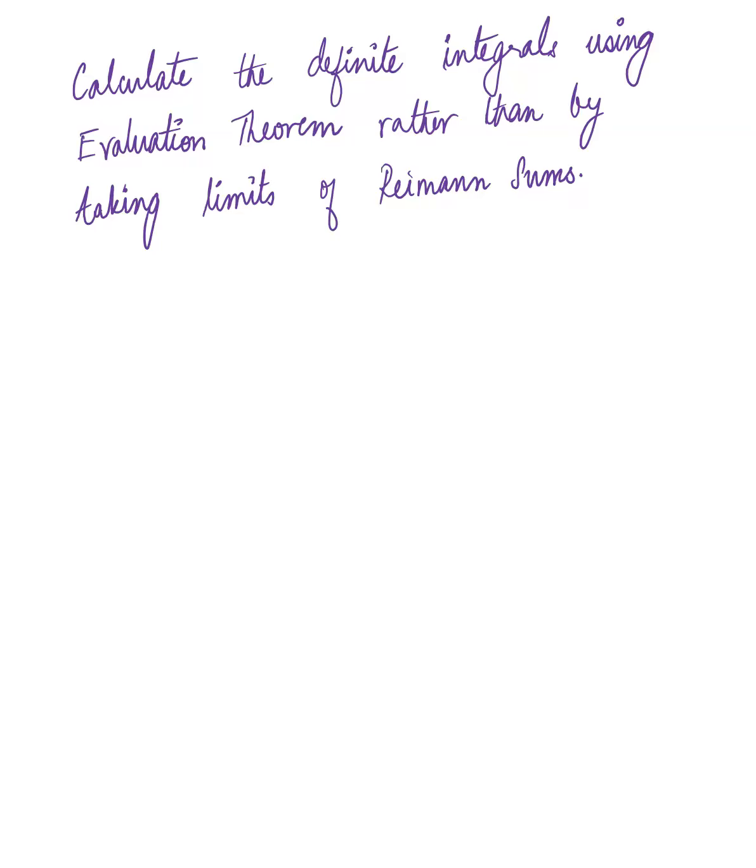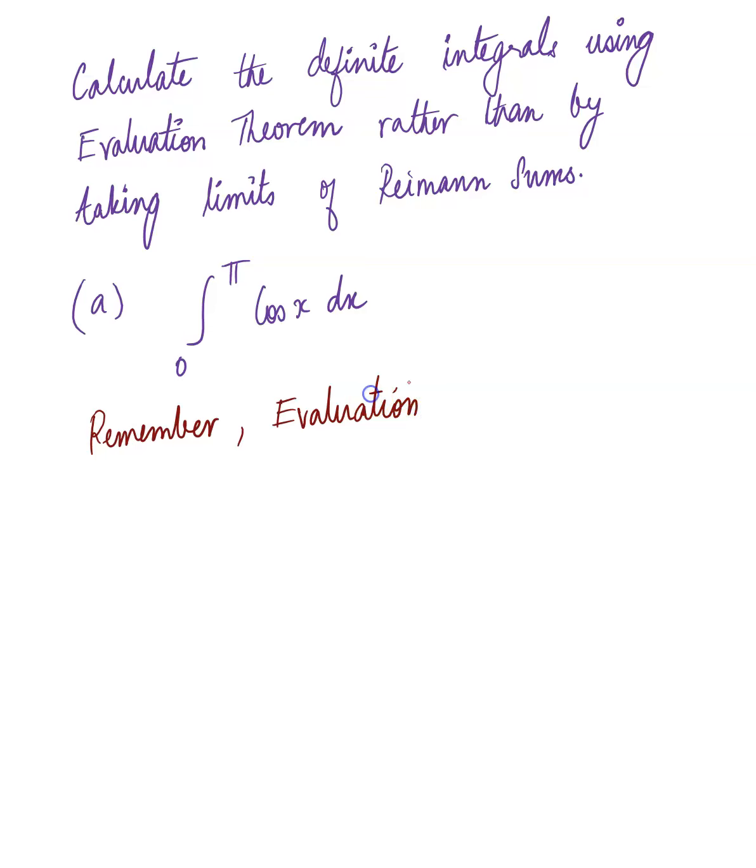Okay. So here's the first problem. Integral 0 to pi cosine x dx. So I'll say, remember, evaluation theorem is another name for FTC2, part 2, right? FTC part 2.